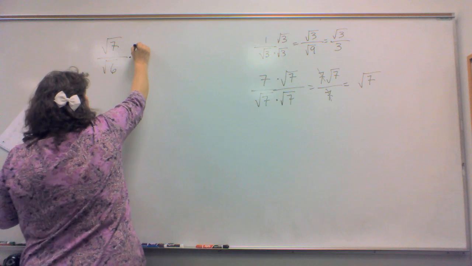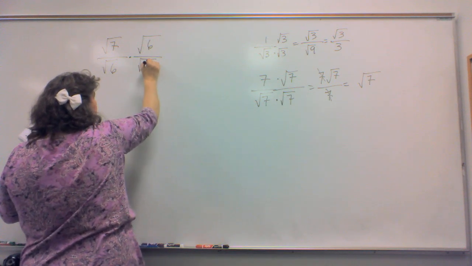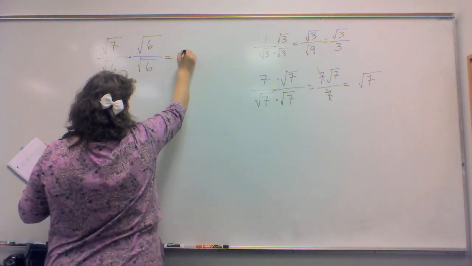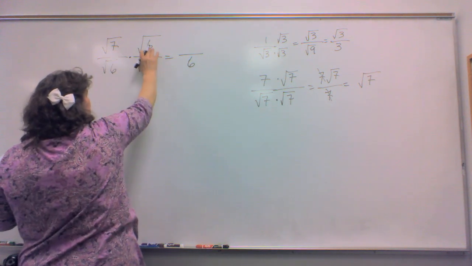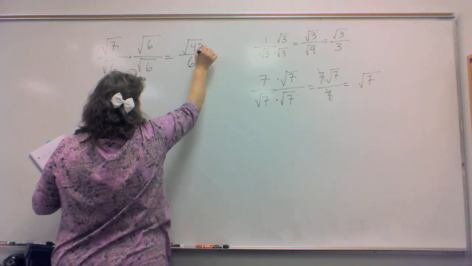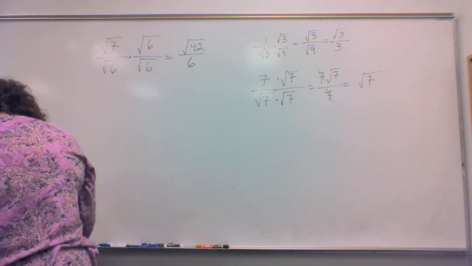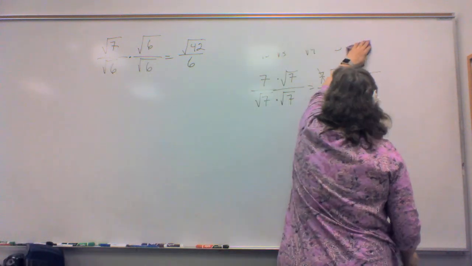Again, multiply both top and bottom by the denominator. Okay? Square root of 6 times square root of 6 leaves you with 6 in the denominator. Square root of 7 times square root of 6 is going to give you square root of 42, and that does not simplify. So that is what you're left with.